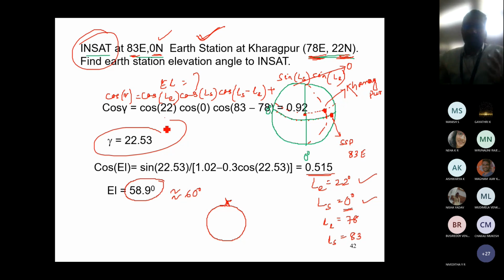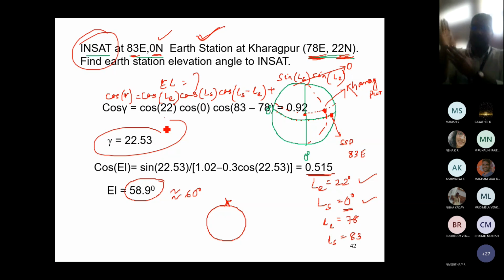So in India, the DTH antennas will always be tilted a little bit south, because India is present towards the north of the equator. That's why the GEO satellites are located towards the south from India. Because the equator is towards the south, the satellites are present towards the south. So that's why all DTH antennas, if you look, face towards the south.